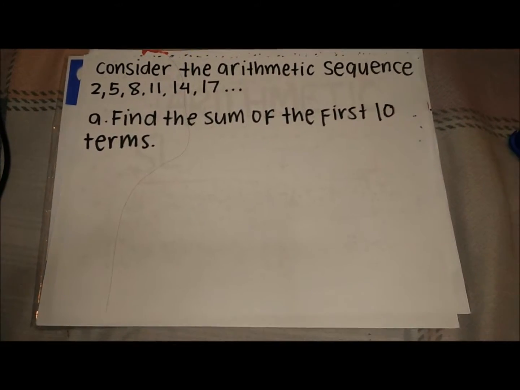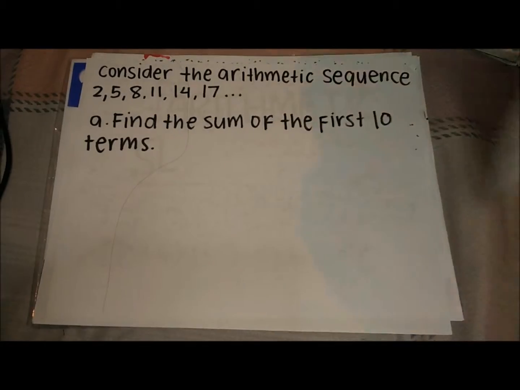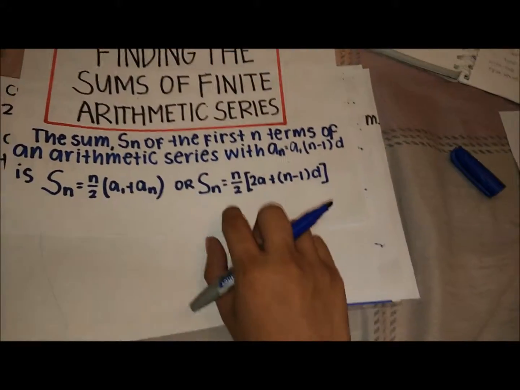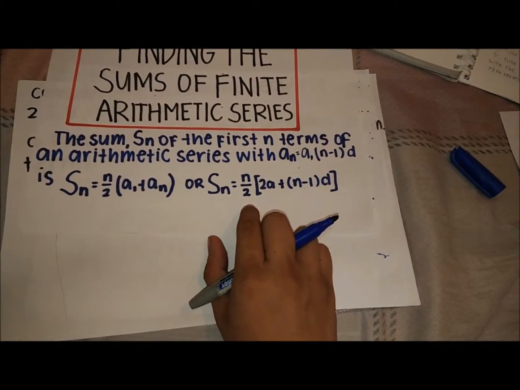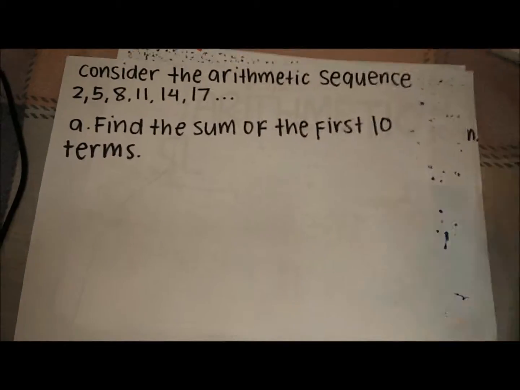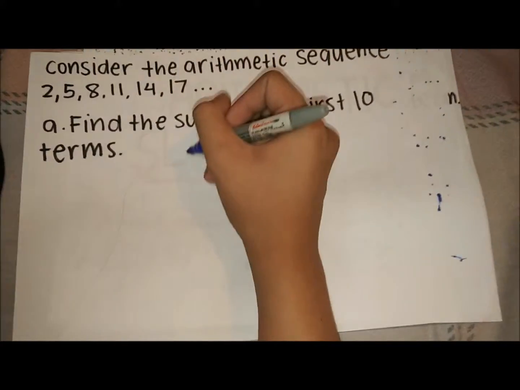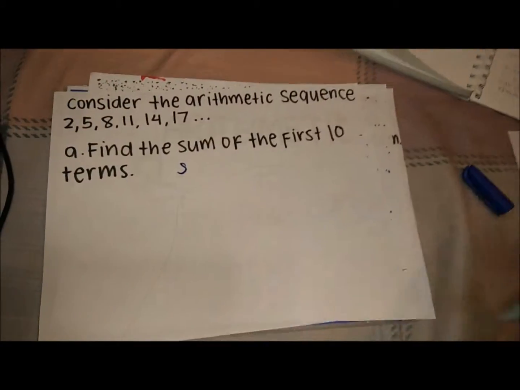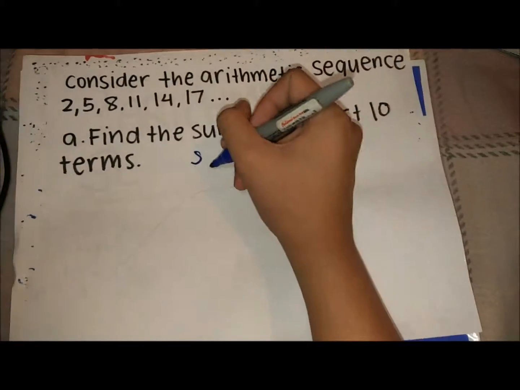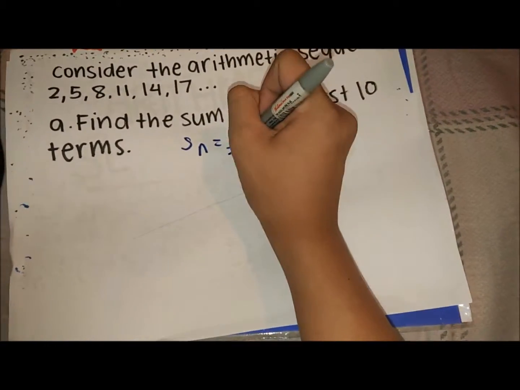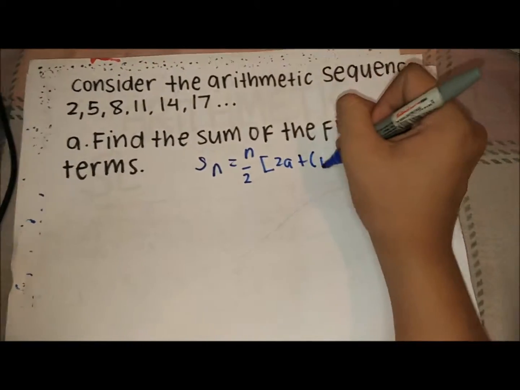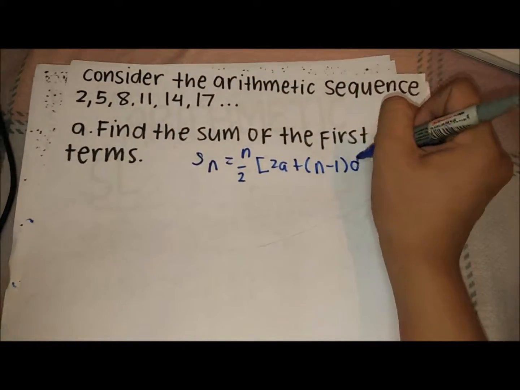I'm going to use my second formula: S sub n is equal to n over 2 times 2a plus n minus 1 times d.